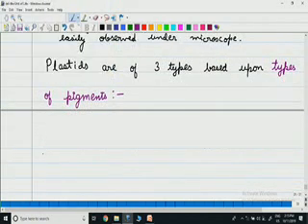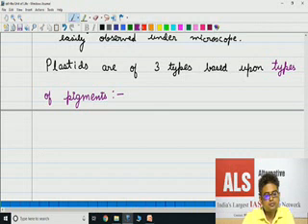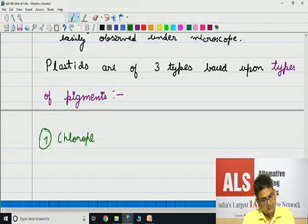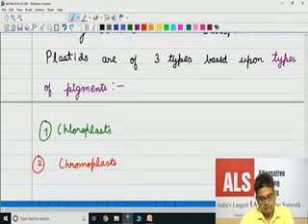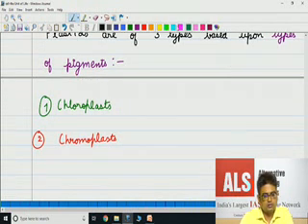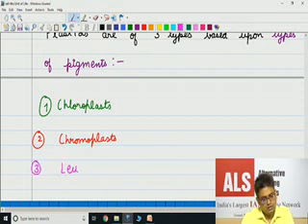Number one is chloroplasts. I will write chloroplast in green so that it is clearly understood. Second one I will write in a different color. Let us take red because yellow is not clearly visible. Chromoplasts, color-containing plastids. Third is leucoplasts. Leucoplasts are basically storage granules. They can store fats, proteins, so many things.